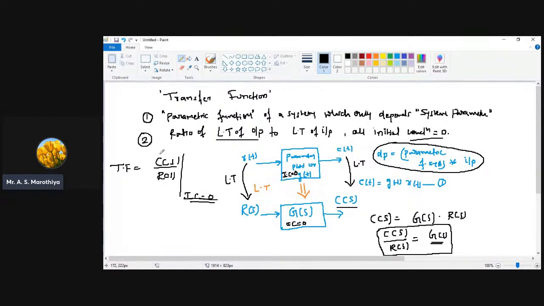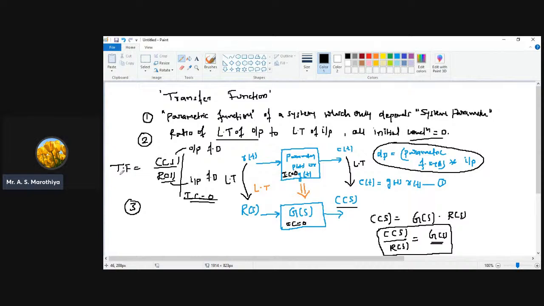Then the third way to define transfer function is this. See here, what is C of S? C of S is the response, or you can say the output of the system, but in frequency domain. What is R of S? It is the input, or you can say the excitation of the system, but again in frequency domain.